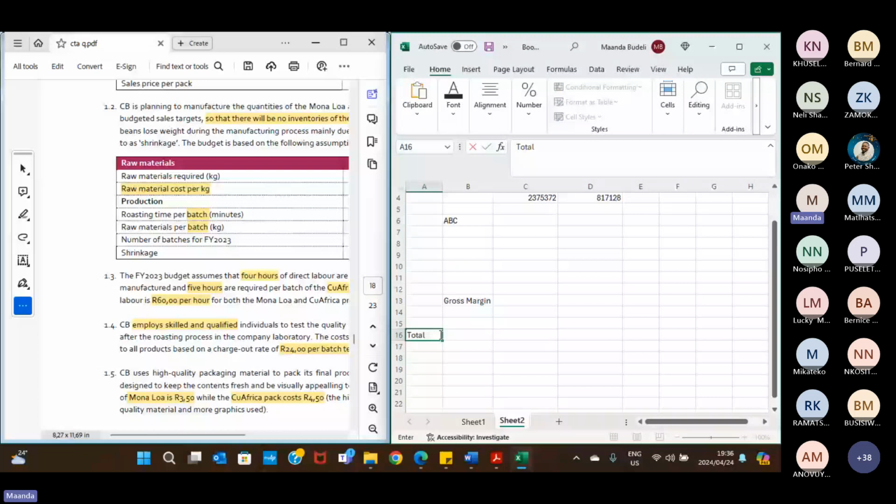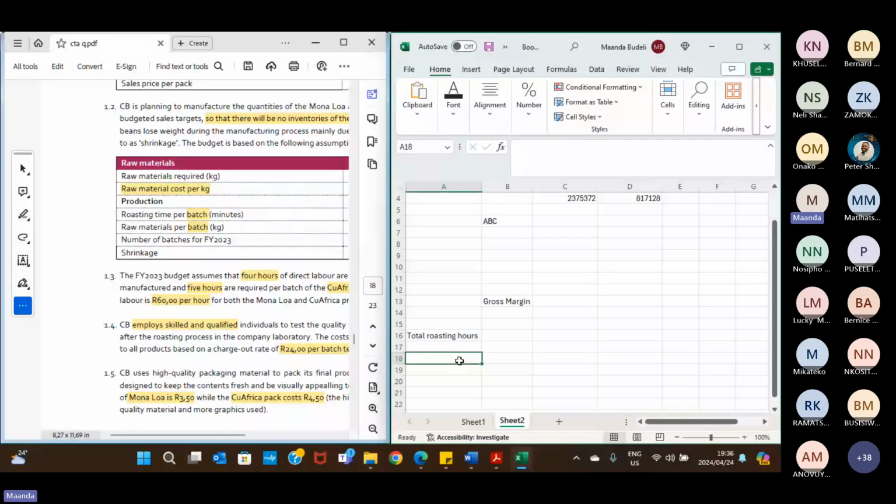I'm told that for one batch, I can make 15, and it's hours, so I have to convert this to hours. I can make 15 for M. And then for C, I'm being told that for one batch, I can make 30, right?